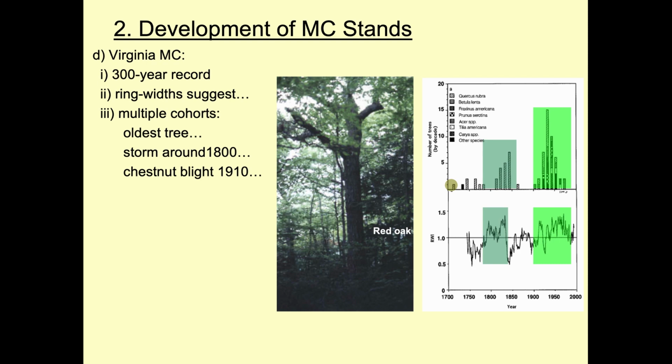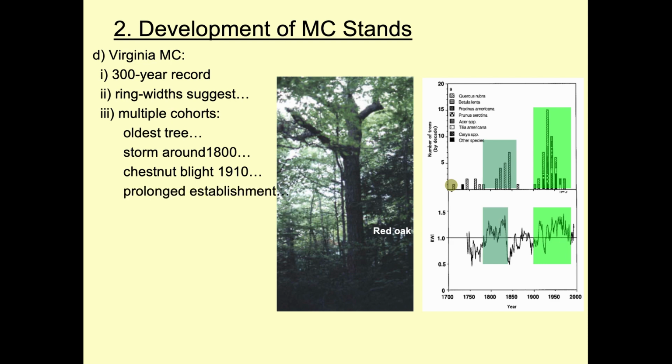With the blight coming through, that blight clearly is species specific, and especially when you have a dominant tree being reduced, that will provide more than enough space, more than enough gap area for new cohorts to come up. So we have the storm and we have the chestnut blight.